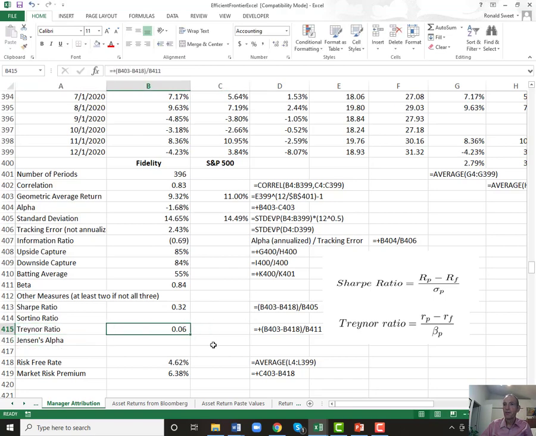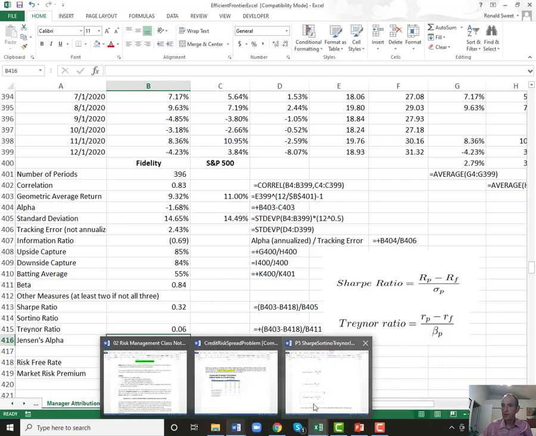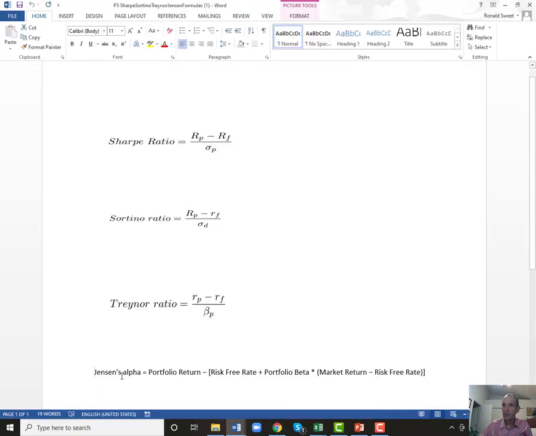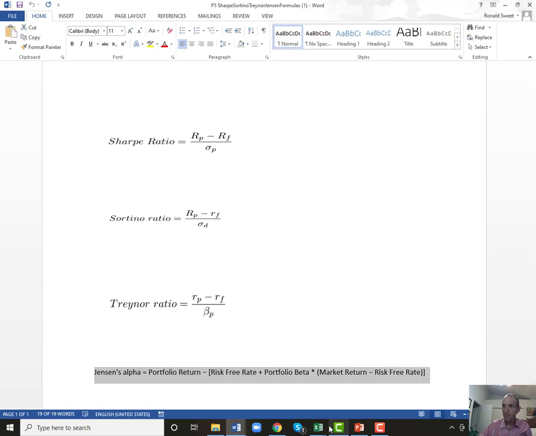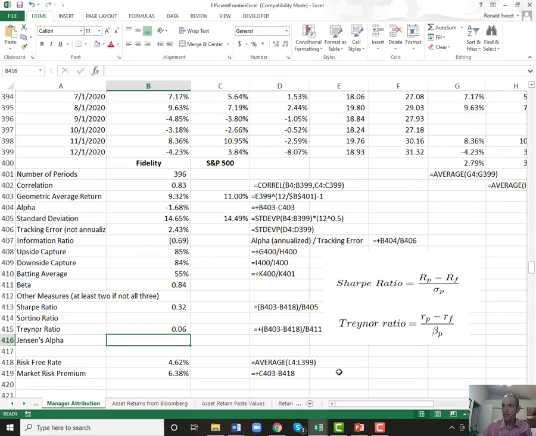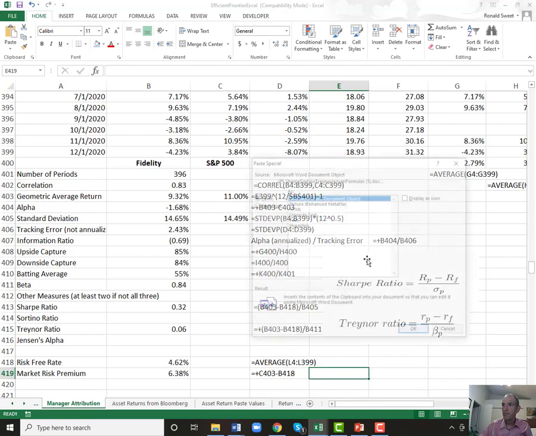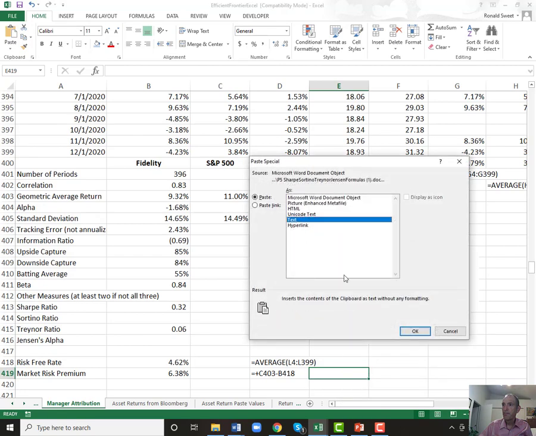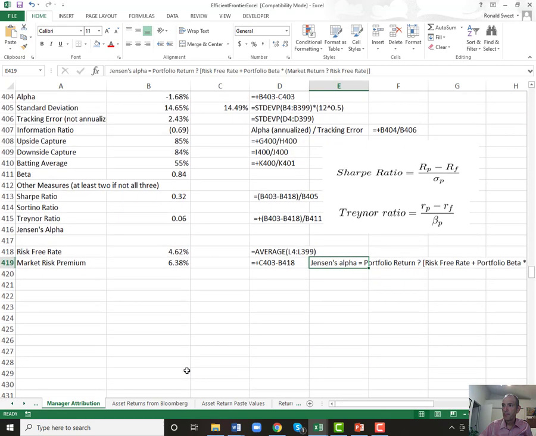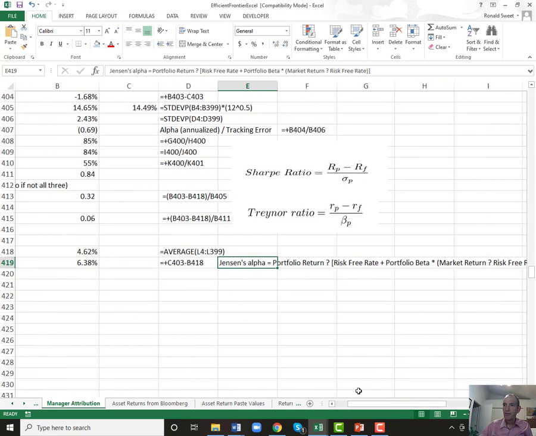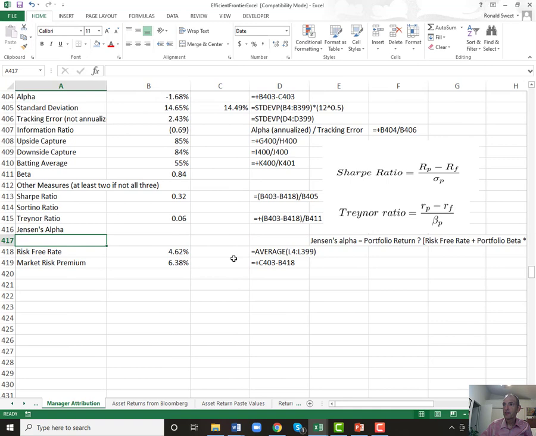And again, I'll let you look up what is a good Treynor ratio. And then the Jensen alpha, this one's a little bit more work, but we can handle it. It's not too bad. It's just a little bit more calculation. If you just think of the capital asset pricing model, it's not really that difficult at all.